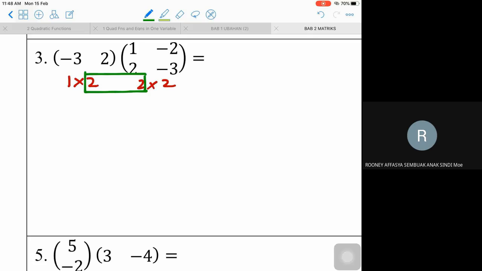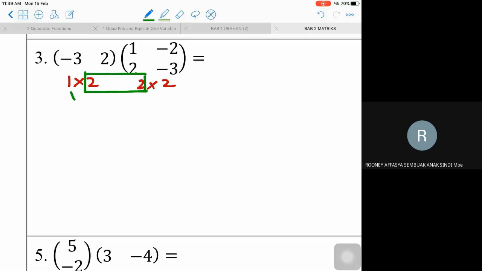Another one, Gloria. 1 times 2. Okay, so 1 times 2 means how many rows, how many columns? We have 1 row, 2 columns.